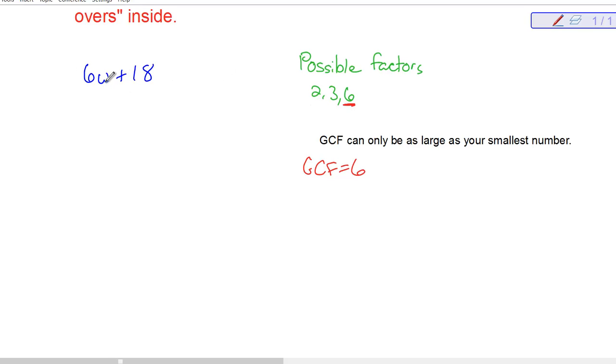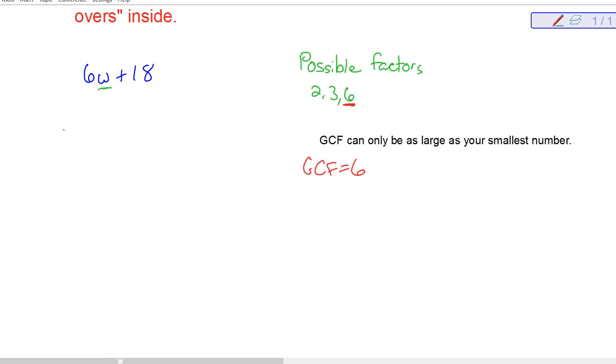Then I look at my variables. I have a variable w. Do I have a w in both of my terms? No. So I cannot divide out a w. It has to be in both of them. So my greatest common factor in this problem is just a 6.